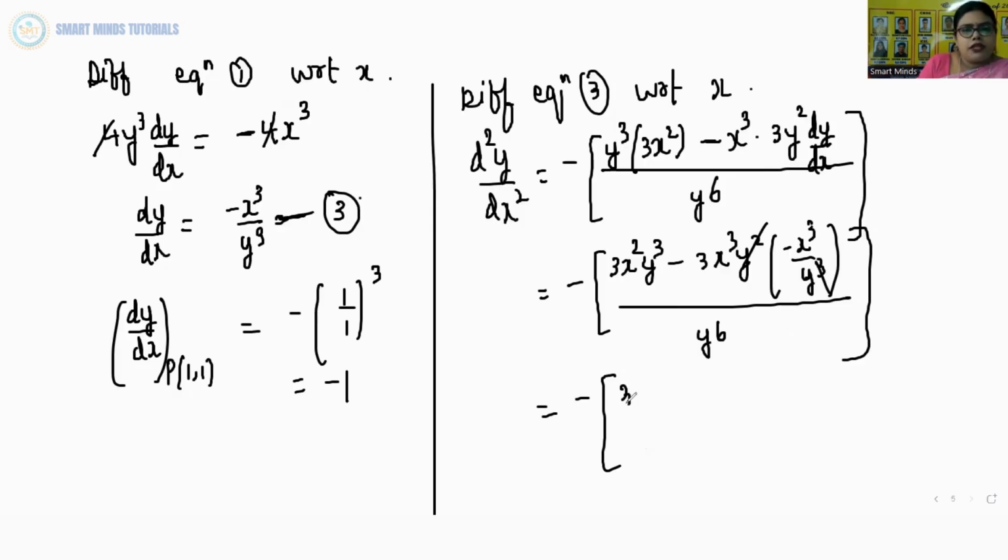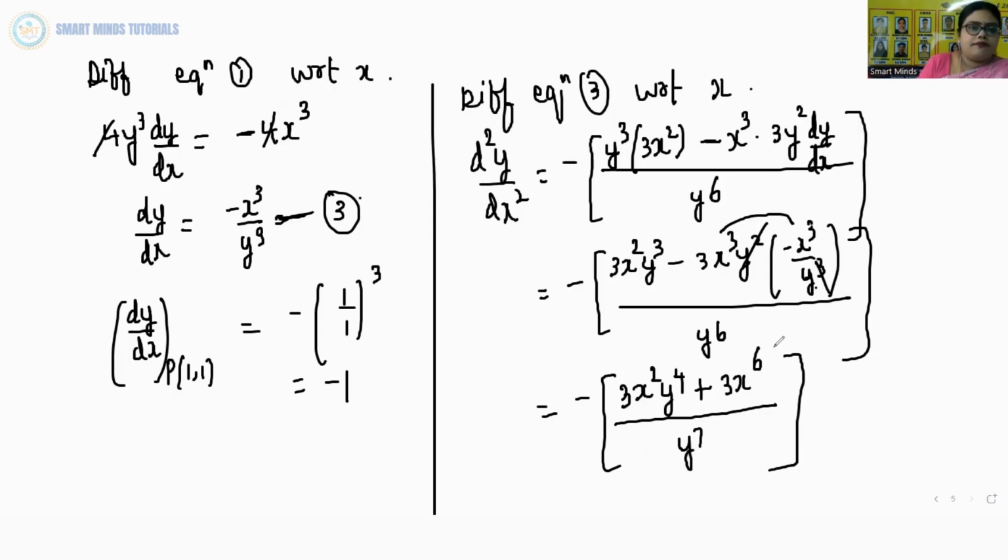So you get 3x square y power 4. Now we multiply these two terms. Minus into minus is plus. 3x cube into x cube is 3x power 6. By this y will come down now after taking LCM. It will become y power 7. I hope it is clear to you.